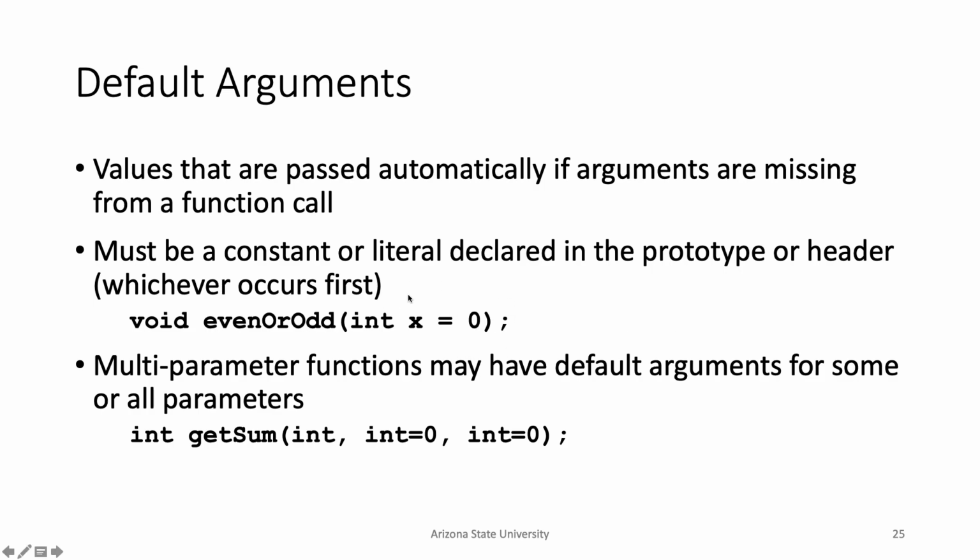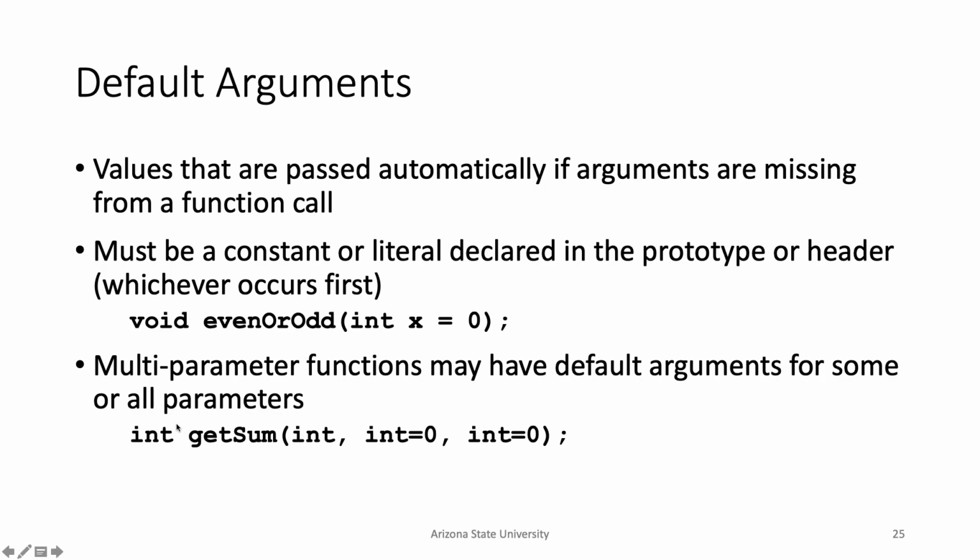Sometimes for functions, if we don't initialize a parameter, maybe we want to set it to some default value. So for instance, this allows us to have multiple ways of calling the same function.